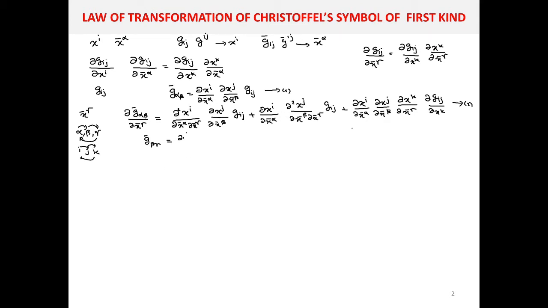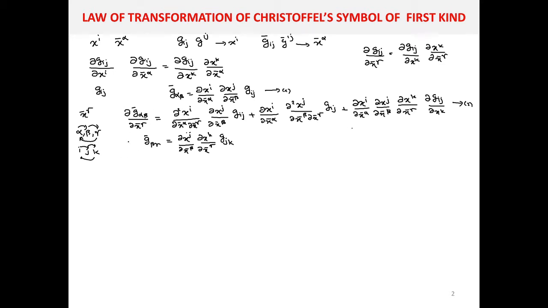So this equation can be written as dou x^j, here it is dou x bar, here it is alpha so it becomes beta. Next dou x^k by dou x bar, here it is beta so it becomes gamma. Here it is i and j, so it becomes j and k.